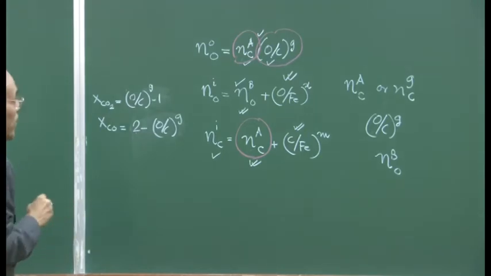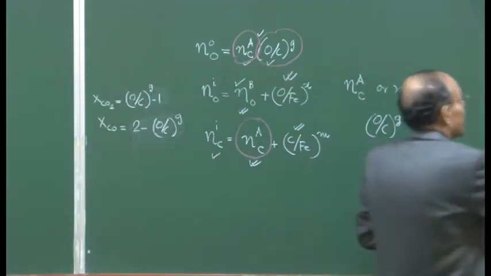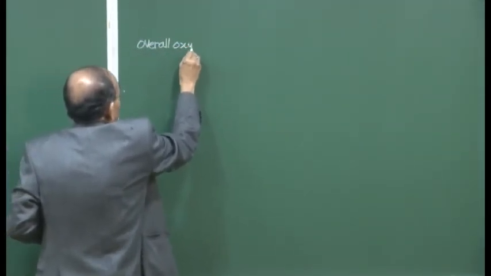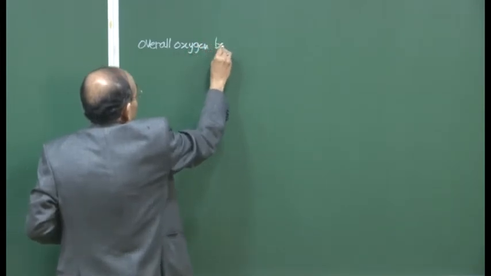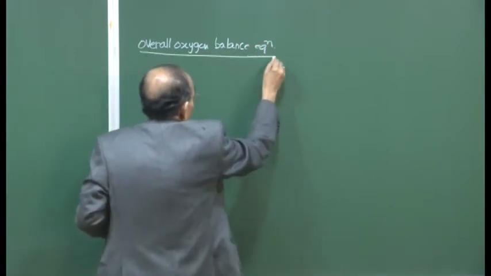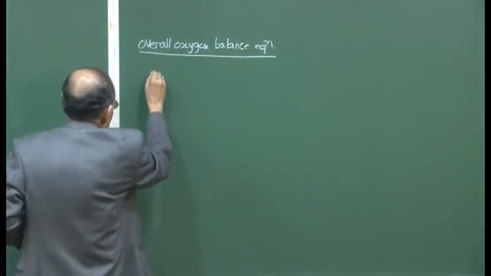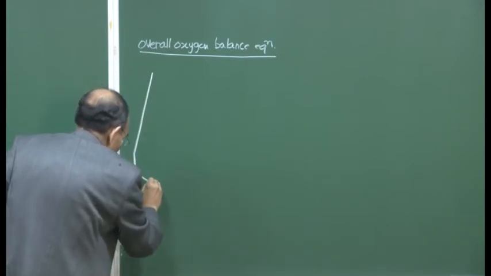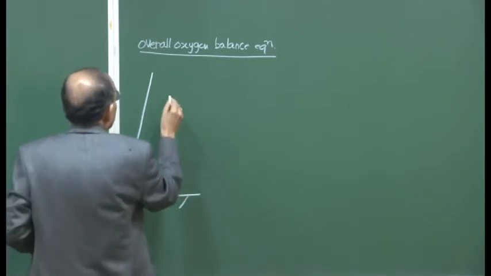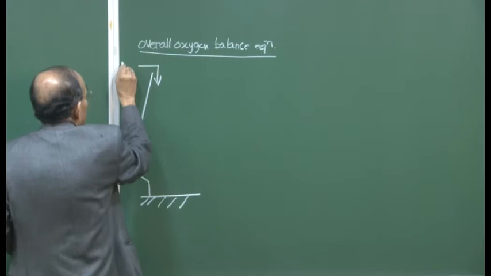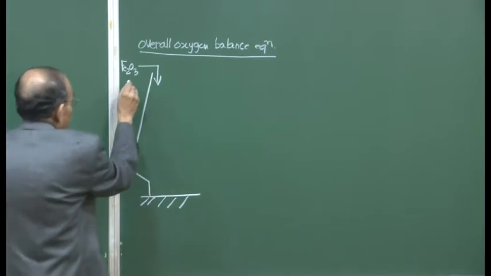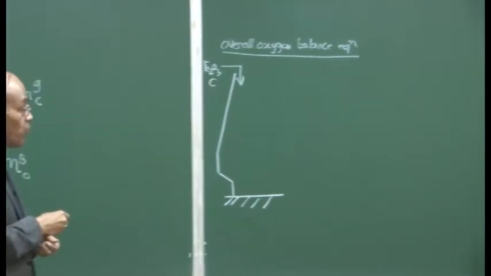With this, I will now write the overall oxygen balance equation in the blast furnace. I have made a series of assumptions, and I will show them with a line drawing. We have feed here, which is Fe2O3. We have carbon here, no coke, pure carbon.